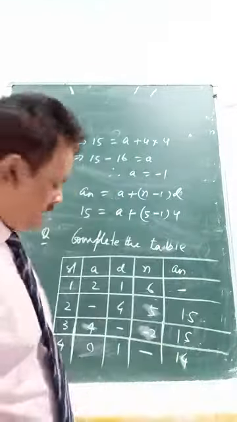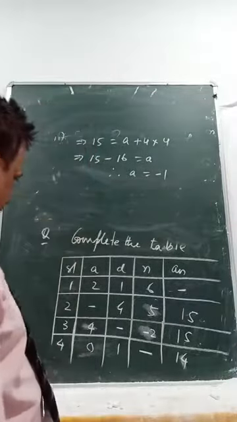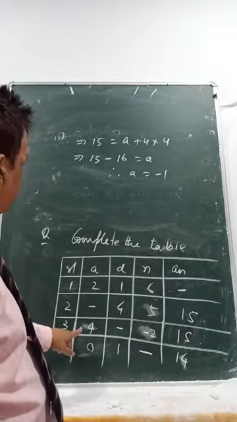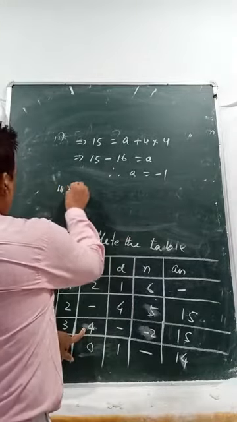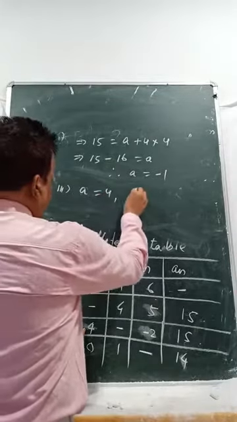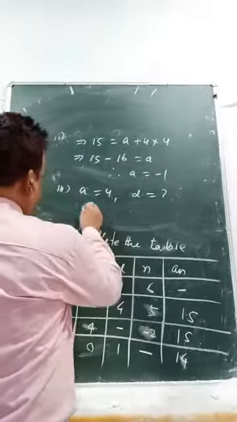Clear? Okay. Now see the next question. What is not given? Look here. A is given, A is 4. D is a question mark. n is 5.